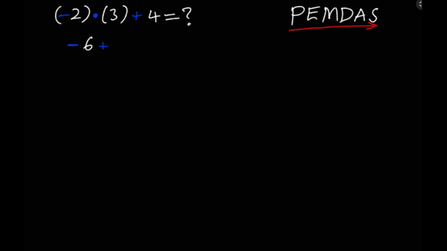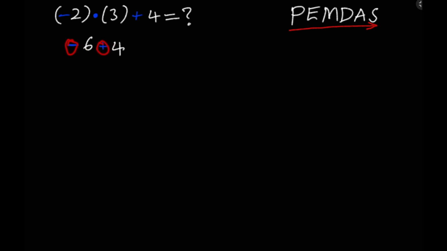Now let's bring down the positive 4, okay? Now we have negative 6 plus 4. Now, because the signs are different, we subtract the magnitude of the two numbers and then use the sign of the bigger number, that is the greater number. This is what I'm trying to say.